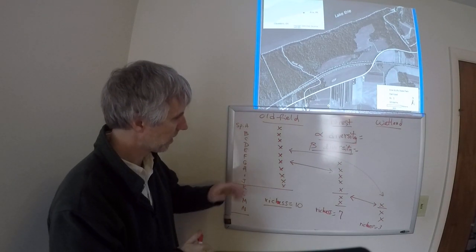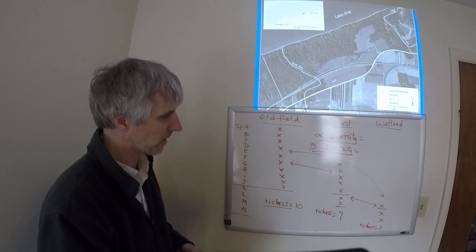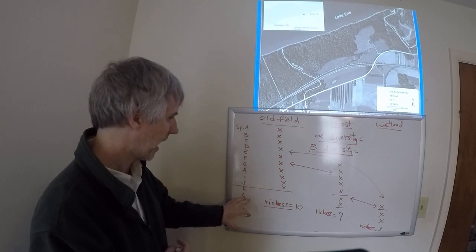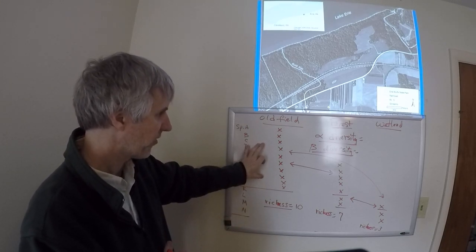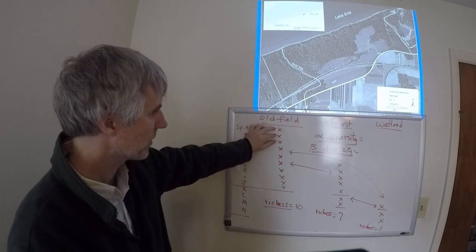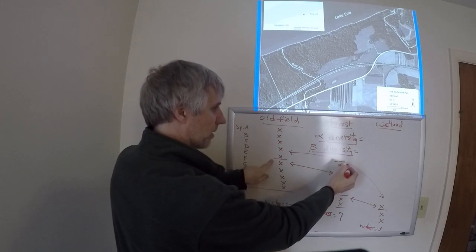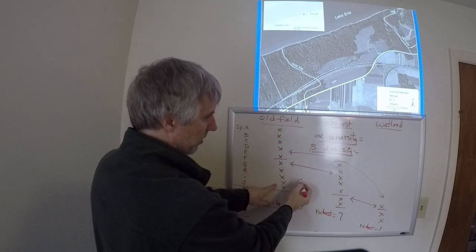So let's take the number of species that occur uniquely in our old field. That's 1, 2, 3, 4, 5. Right? The other 5 occur in both.